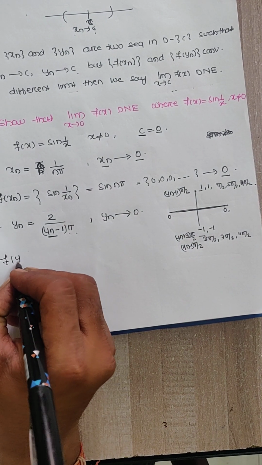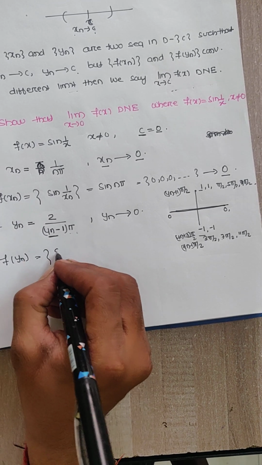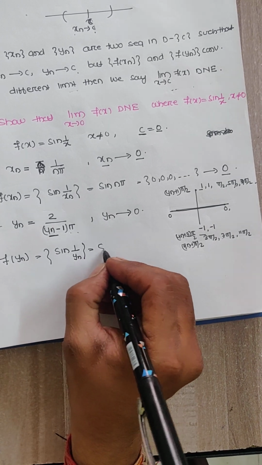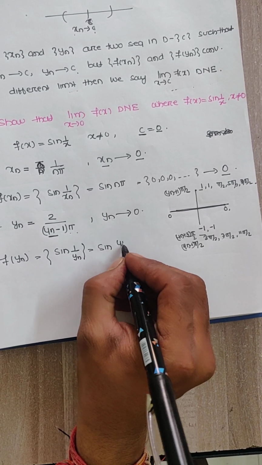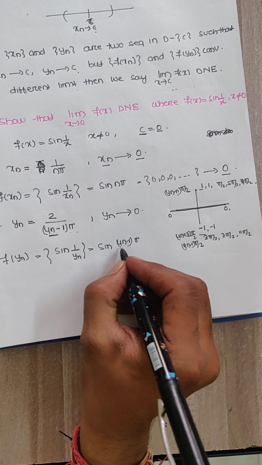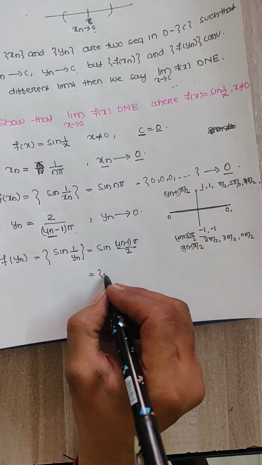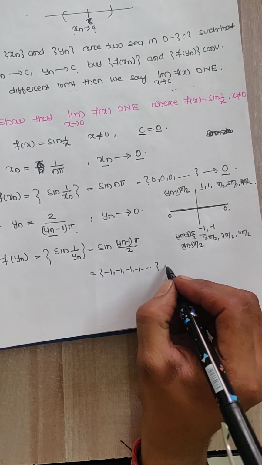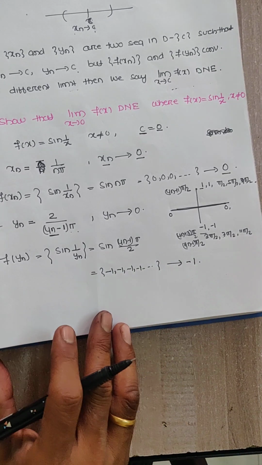But what about f of yn? It is nothing but sine 1 by yn, which is sine of (4n minus 1) pi by 2, and that is nothing but minus 1, minus 1, minus 1, minus 1 and so on, and that converges to minus 1.